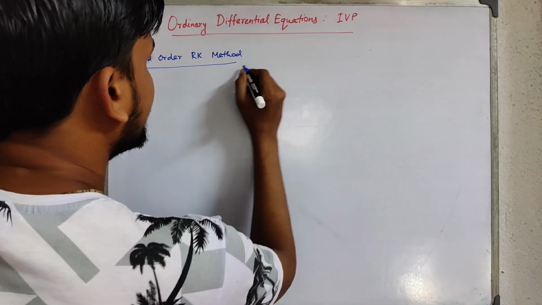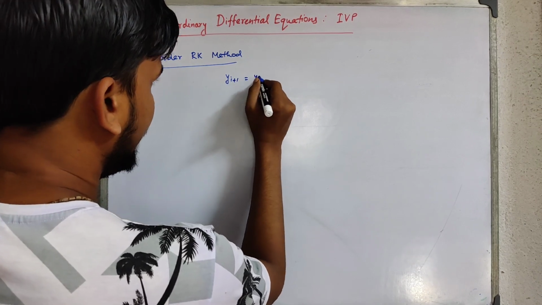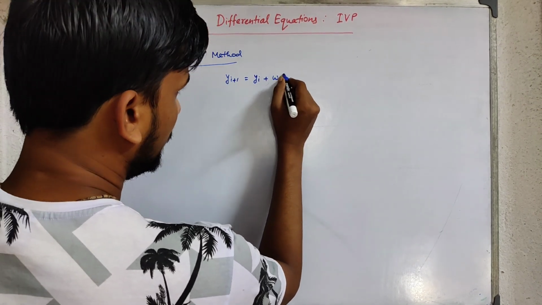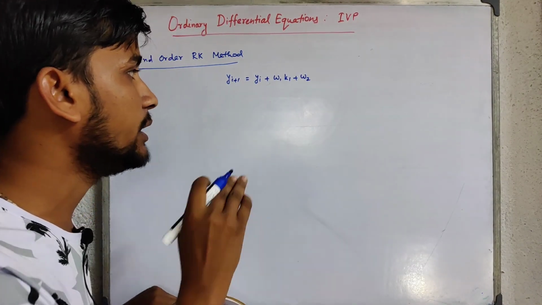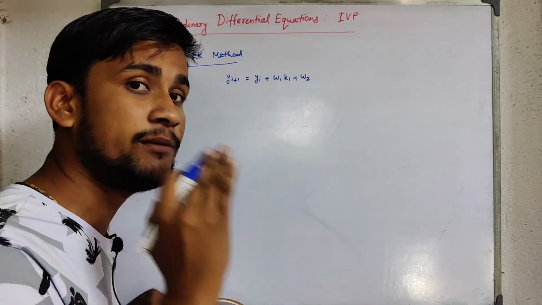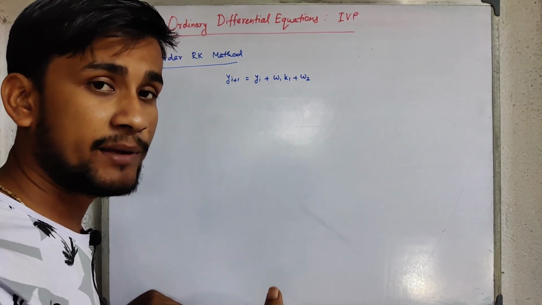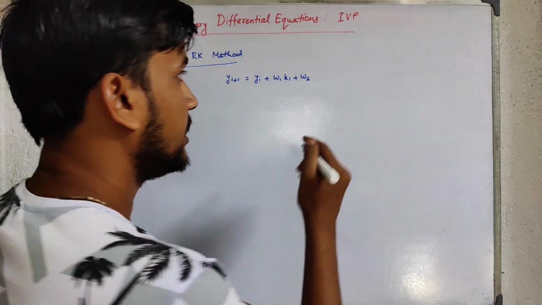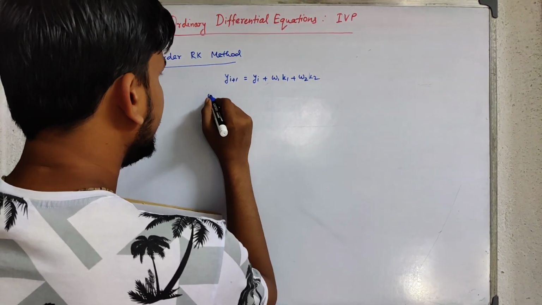We can write y i plus 1 or y n plus 1 equal to y i plus w1 k1 plus w2 k2. You must see this lecture till the end. This is a very important video for GATE and CSIR NET and any other higher math aspirants or exams.